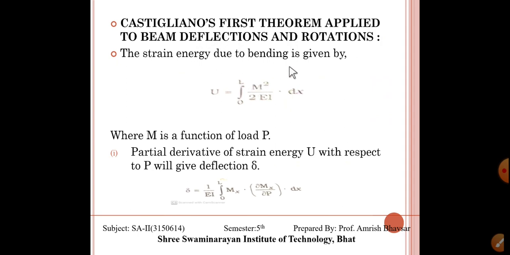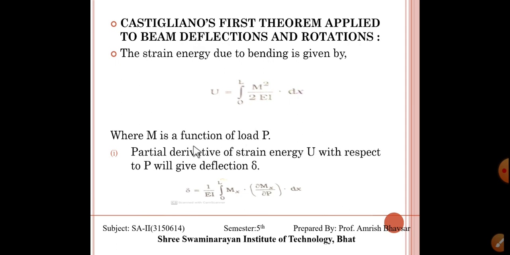The energy stored in our beam due to deflection is understood by us in our previous subject, Structural Analysis 1, and we have the equation for that: U is equal to integration 0 to L of M square upon 2EI into dx.